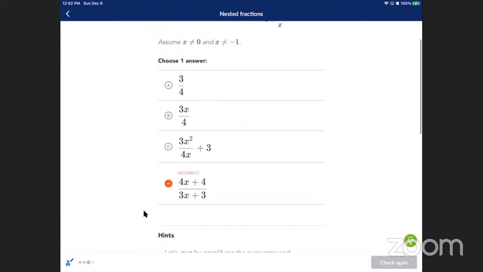This xy plus xy would equal x squared, x squared y squared.